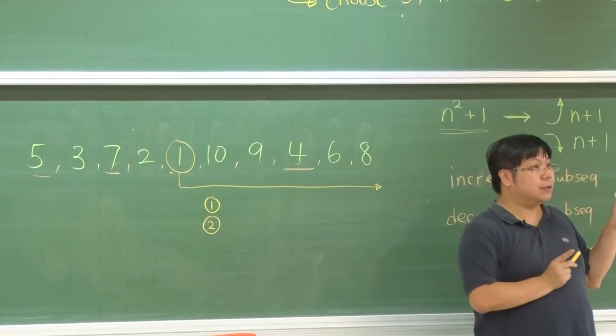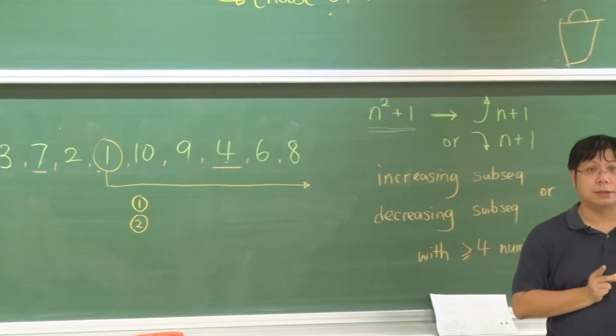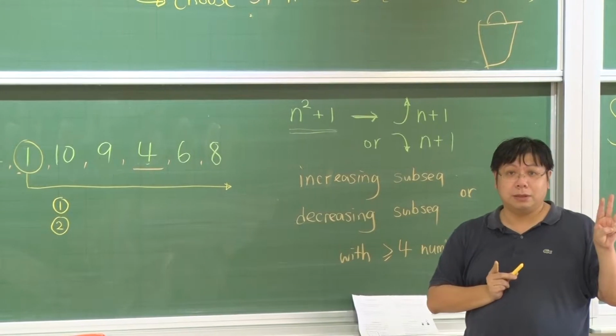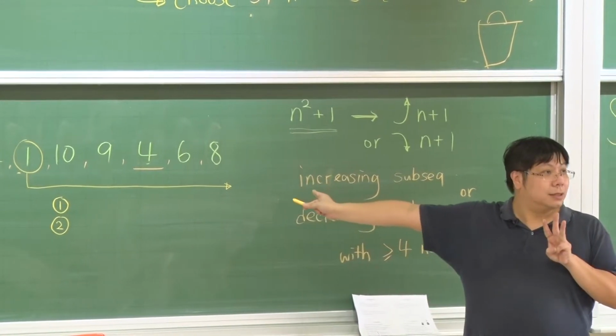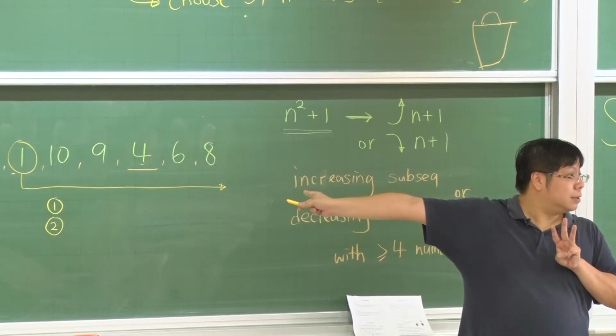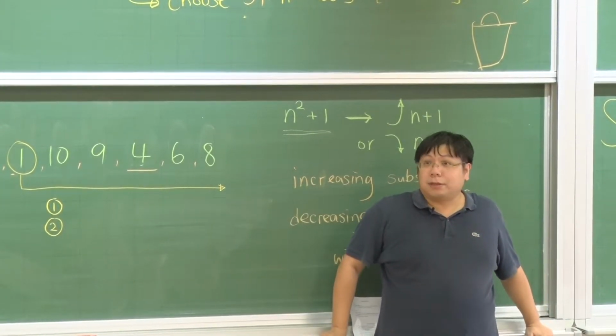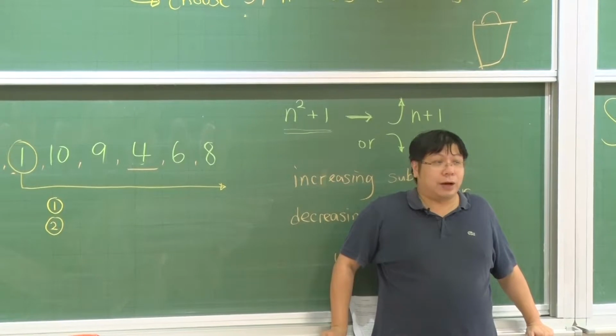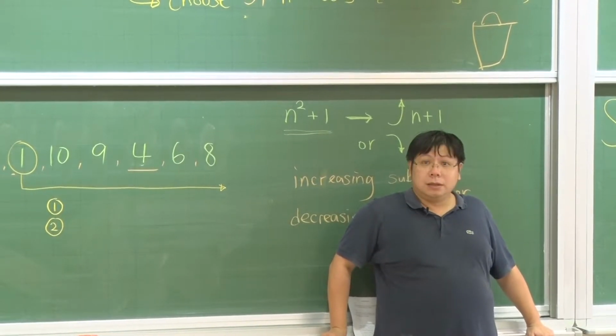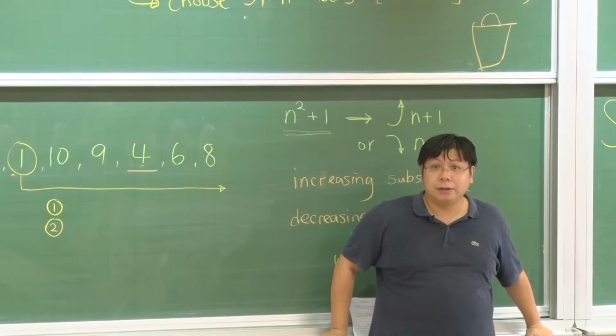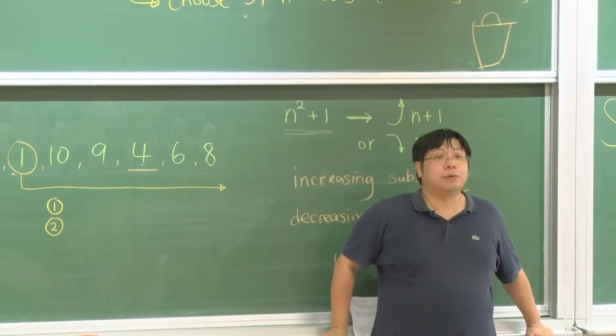Can we find a longer increasing subsequence that begins with 1? Is there any, in this example? So 1, 6, 8 is an increasing subsequence of length 3. Can I find a length 4? 1, 4, 6, 8. Very good.